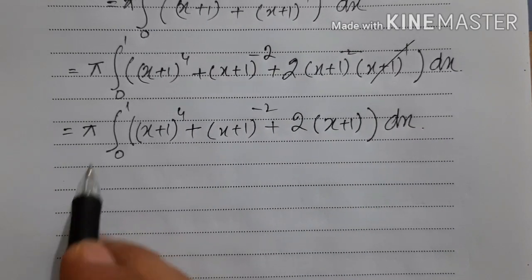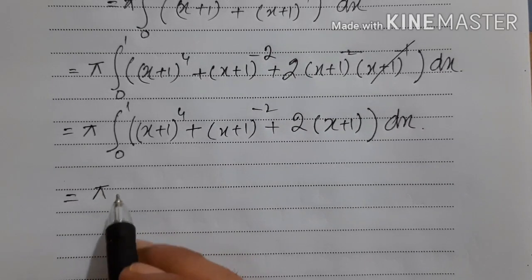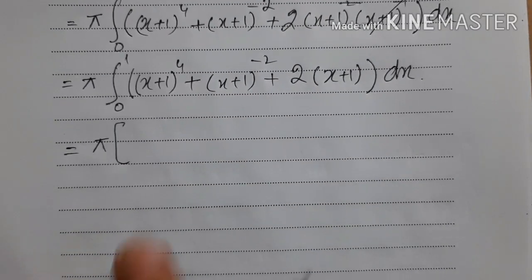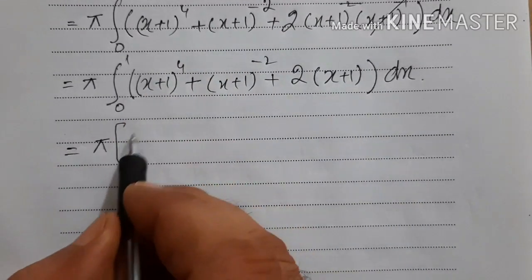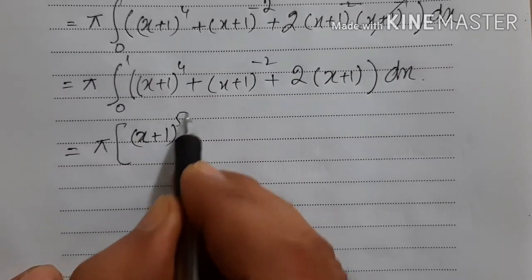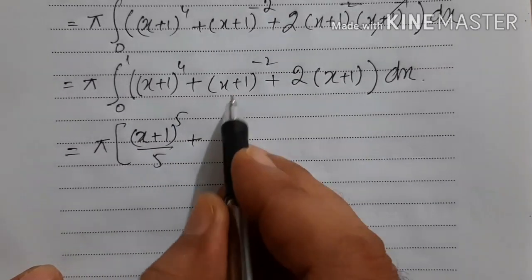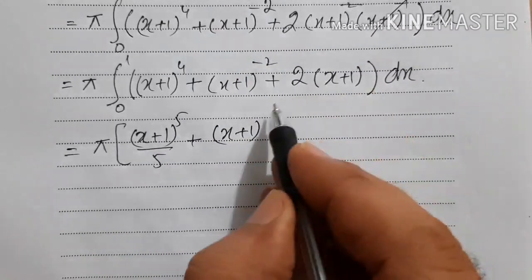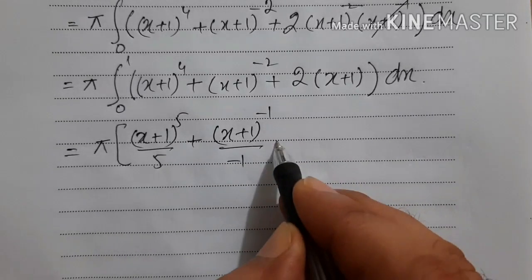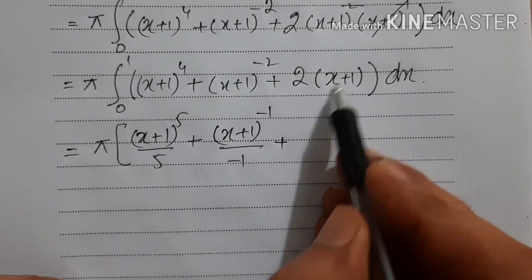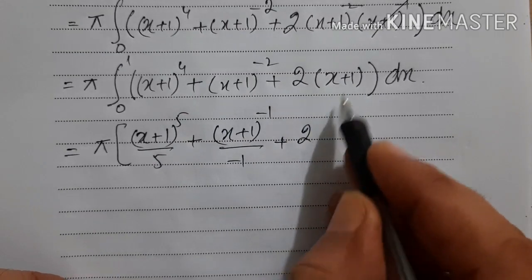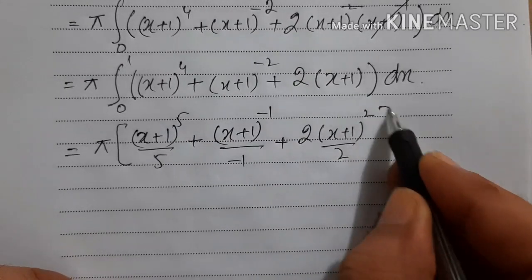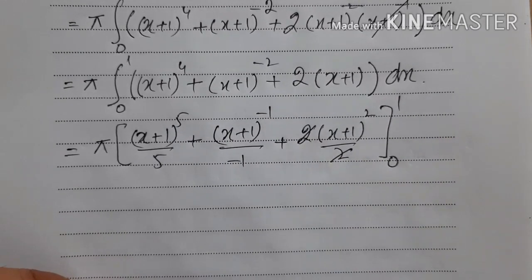Now I'm going to integrate this. The integration of (x plus 1) raised to power 4 is (x plus 1) raised to power 5 over 5. The integration of this part will be (x plus 1) to the power minus 2 plus 1, which is minus 1, over minus 1, plus the integration of this is (x plus 1) raised to power 2 over 2, from 0 to 1. So this 2 will be cancelled with this one.